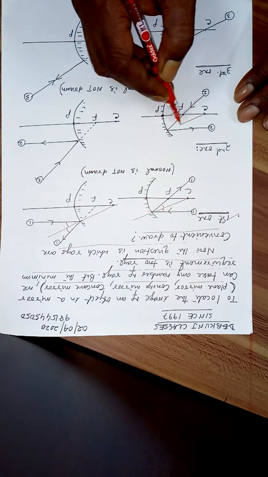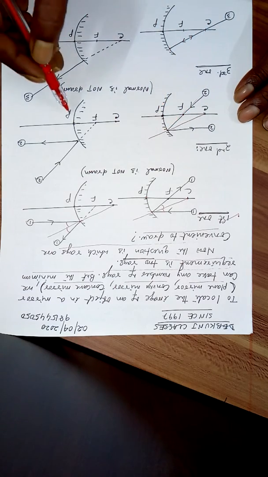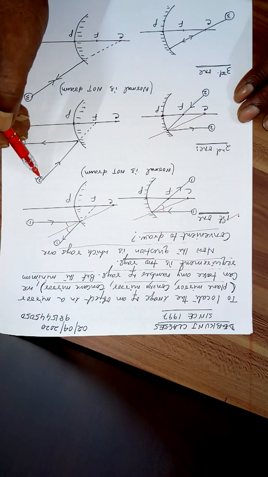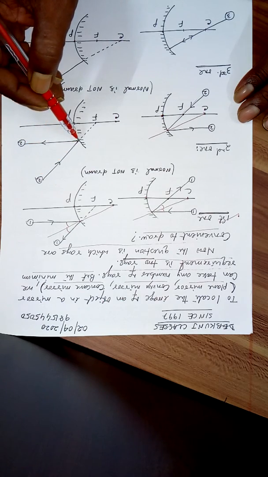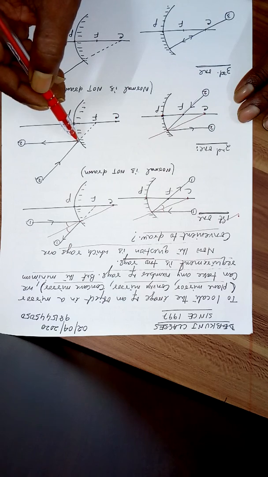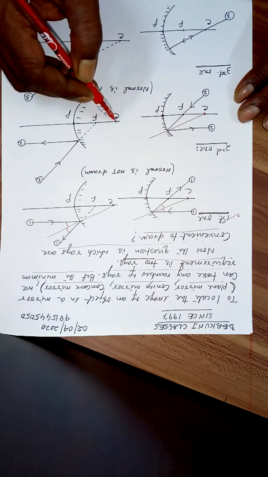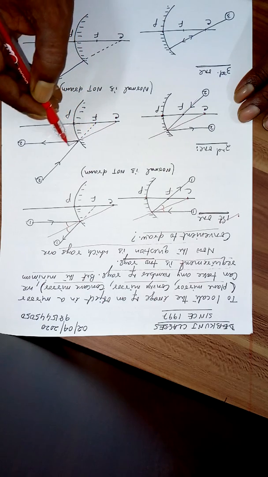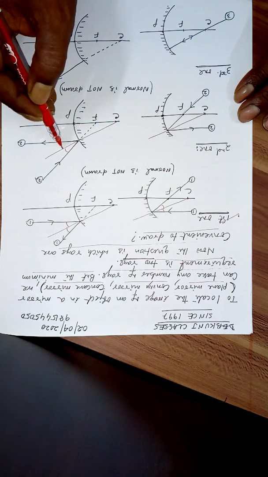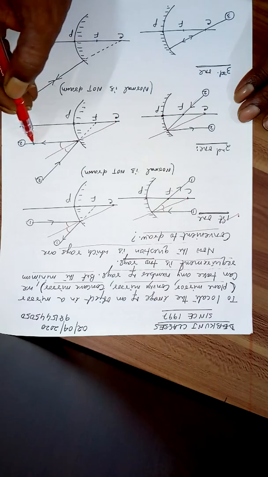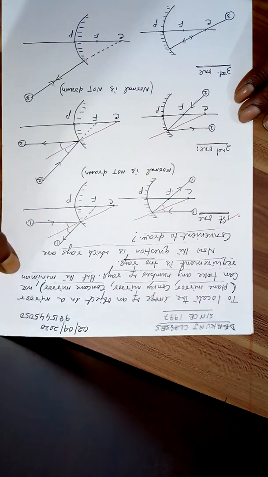The normal should have been like this. Similarly here, a ray coming in the direction of the focus is reflected from here. So here the normal should have been this. This is the angle of incidence, this is the angle of reflection, and it goes parallel. That is the second convenient ray.